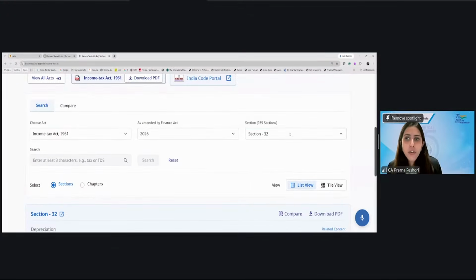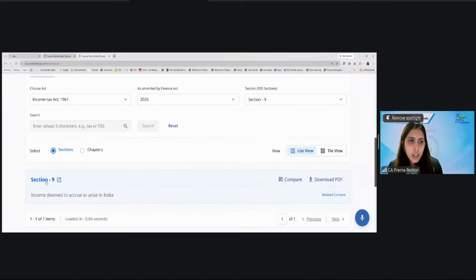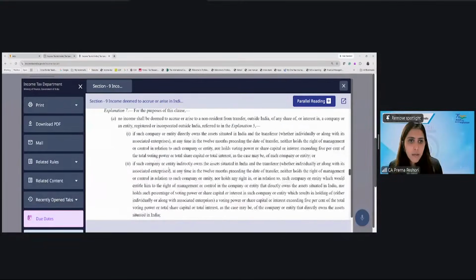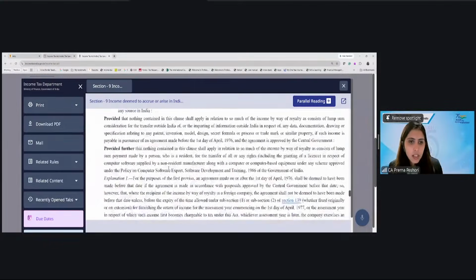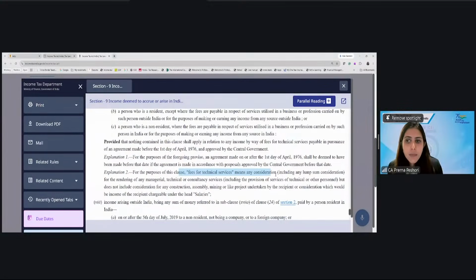Now, another principle, noscitur a sociis. Let me go to section 9. For example, here it talks about the fees for technical services. It is defined over here. Fees for technical services means any consideration for rendering of any managerial, technical, or consultancy services. Now there were disputes as to whether technical will include payment for software, let's say buying a ChatGPT, whether that is technical.